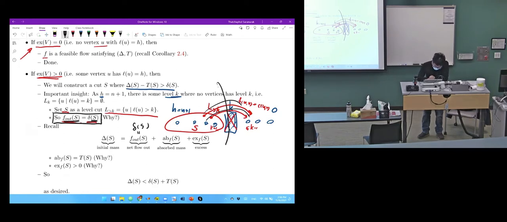And let's look at the absorbed. Why is it the case that the mass absorbed in S is exactly the total sink capacity in S? Well, because every guy here has level at least 1, right?